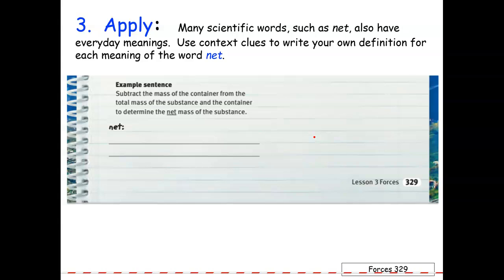The next sentence says, subtract the mass of the container from the total mass of the substance and the container to determine the net mass of the substance.